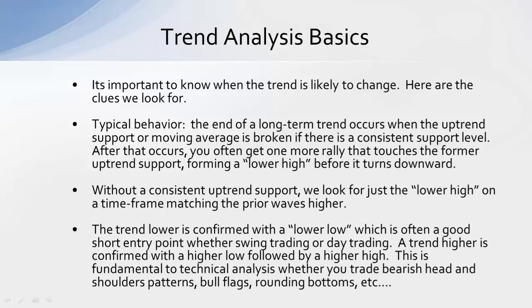This is critical. One of the typical things that you'll see as a long-term trend breaks is that during the long-term uptrend, certain moving averages, or in some cases a line you can draw connecting the lows in the trend, will touch that support level 3 or more times. If it touches 3 or more times, it's a confirmed support.